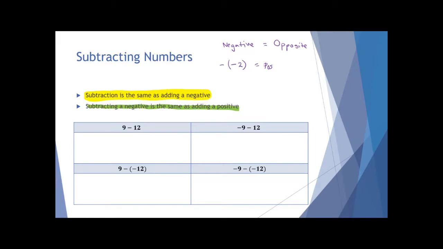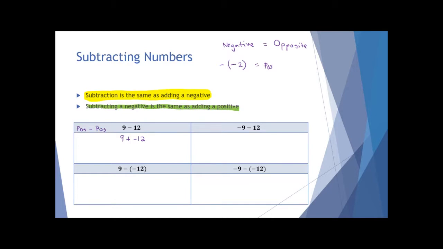So I have 4 examples here with different combinations of signs. So you can see how everything works when you have subtraction. So first here I have a positive minus a positive: 9 minus 12. So here, subtraction is the same as adding a negative. So that's the same as 9 plus negative 12.